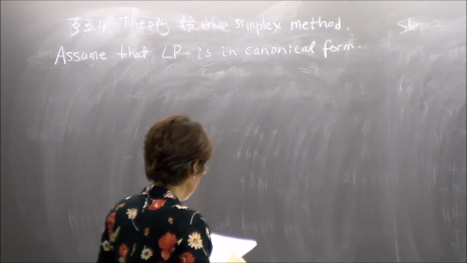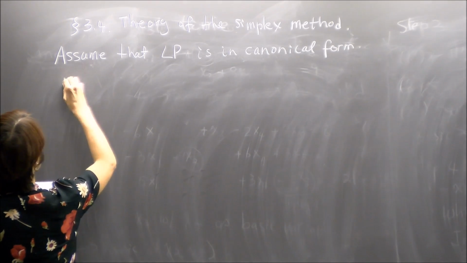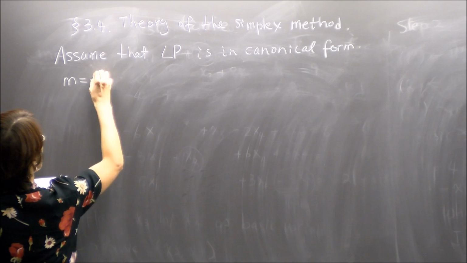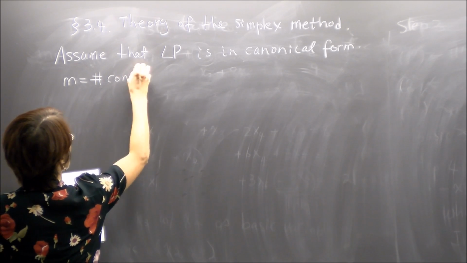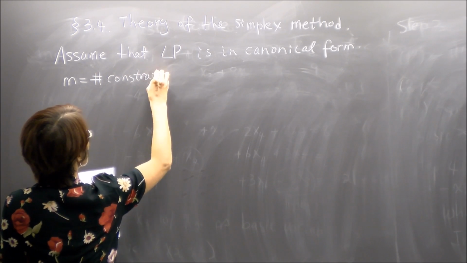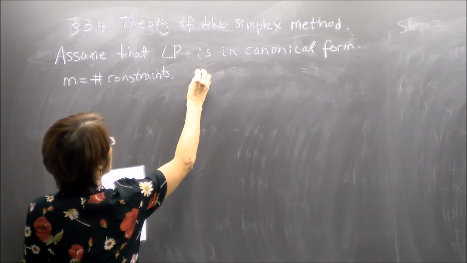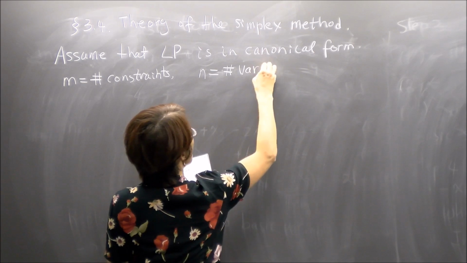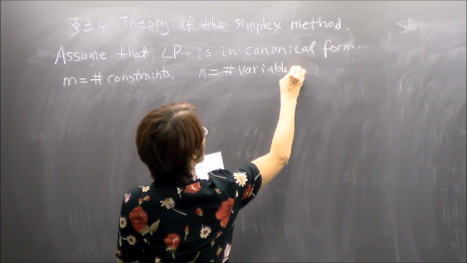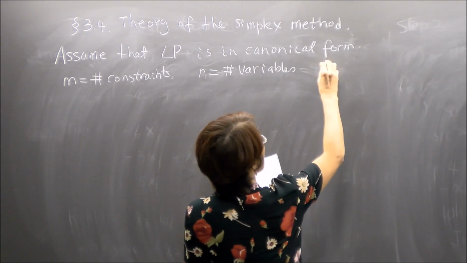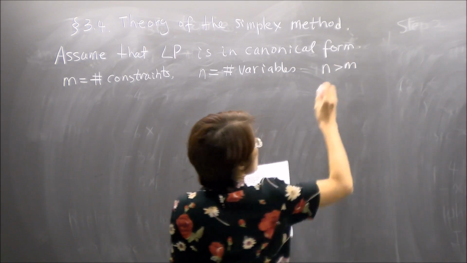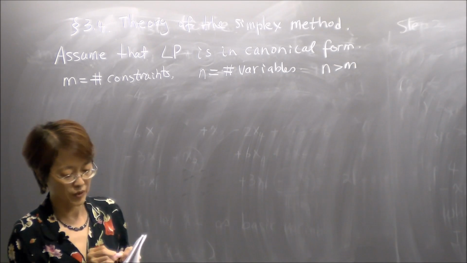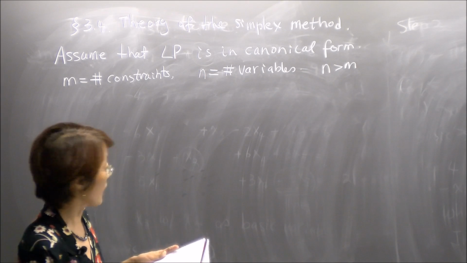I will write that. M here is the number of constraints, meaning the number of equations, and N here is the number of variables. Let's say n is bigger than m. For most practical problems, n is bigger than m.